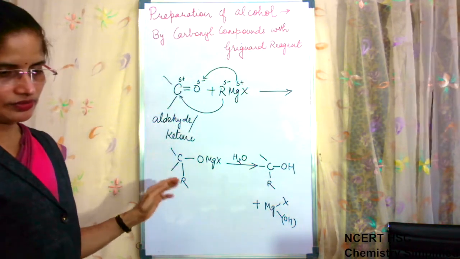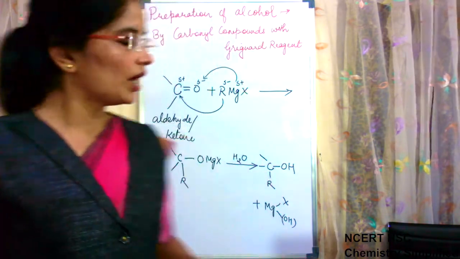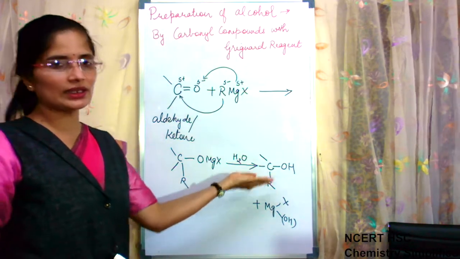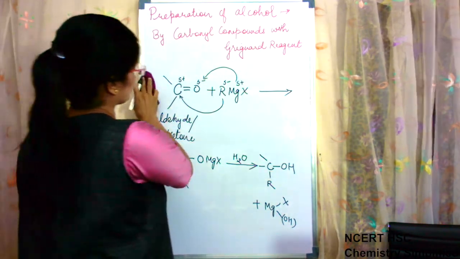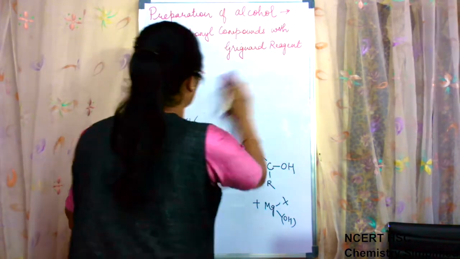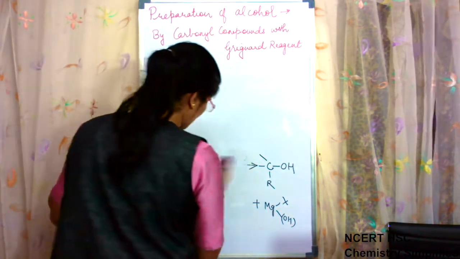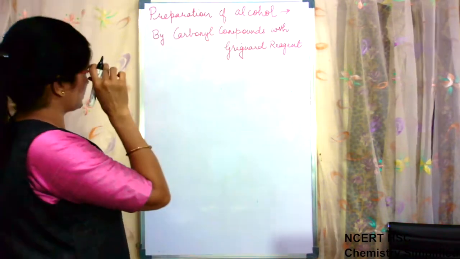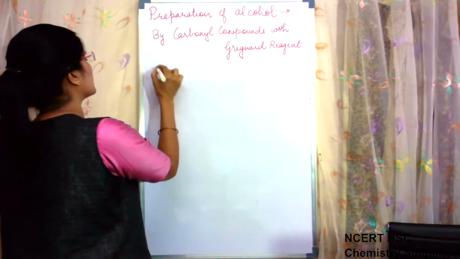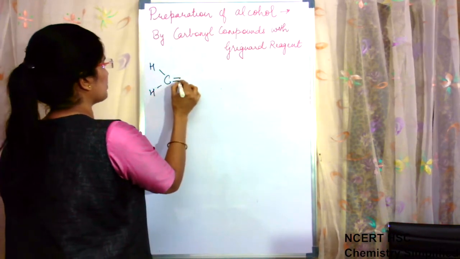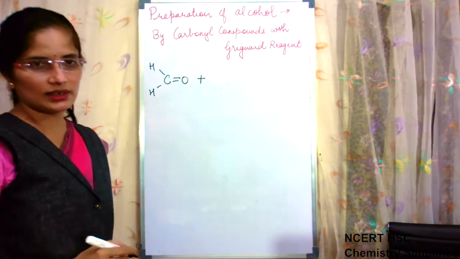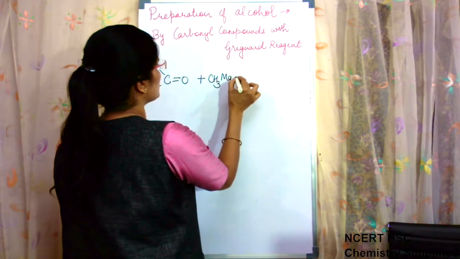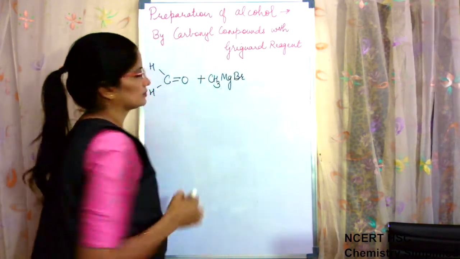Now in this reaction we will see how the use of a different carbonyl compound can result in the formation of a different alcohol. Let us start with the use of formaldehyde. If we take formaldehyde as the starting material, CH2 double bond O, plus Grignard reagent CH3MgBr.